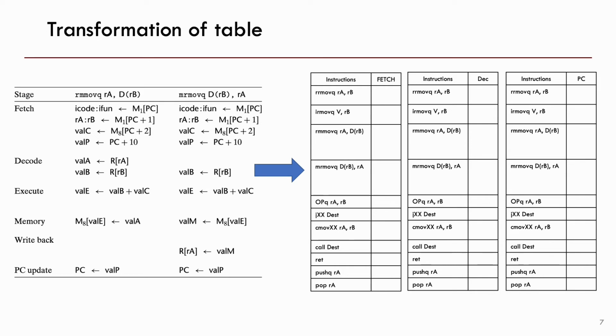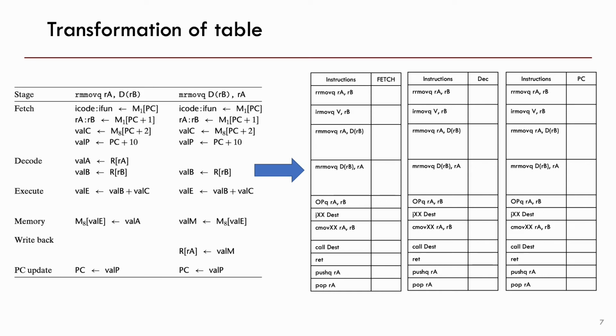What is the difference between the left and right? In the left table, rows are stages and columns are instructions, but in the table on the right, instructions are in the rows and stages are in the columns.